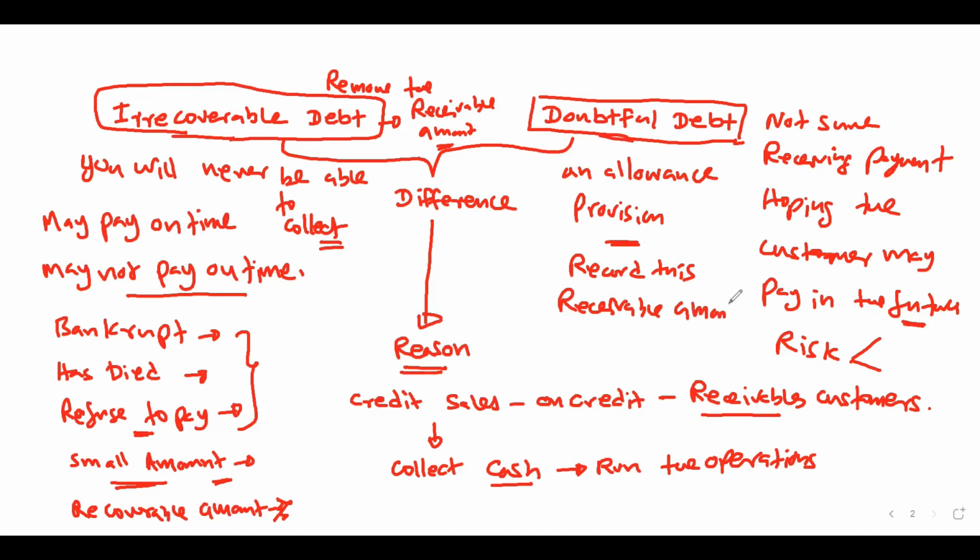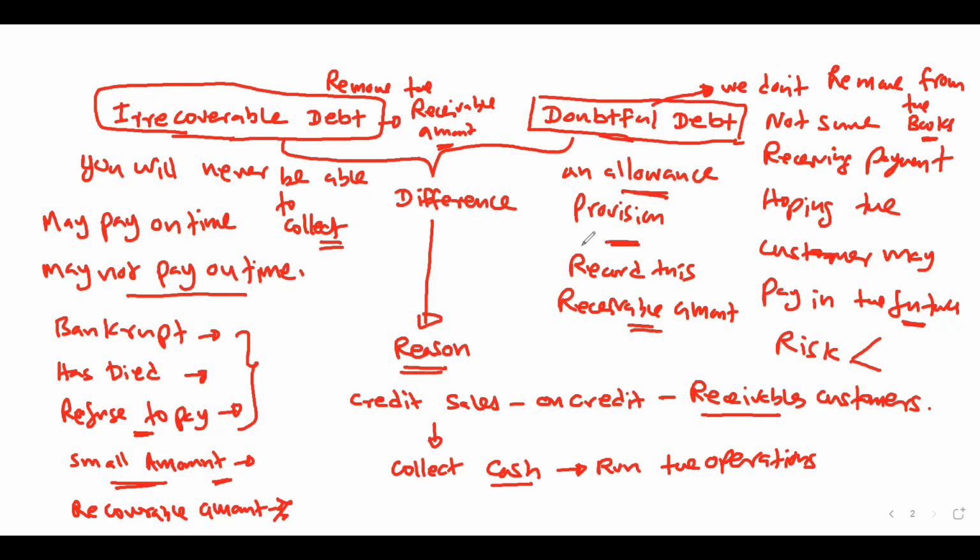Such receivables will be treated as doubtful debts. We don't remove doubtful debts from the books. Instead, we make an allowance and net it off with our receivable balance.